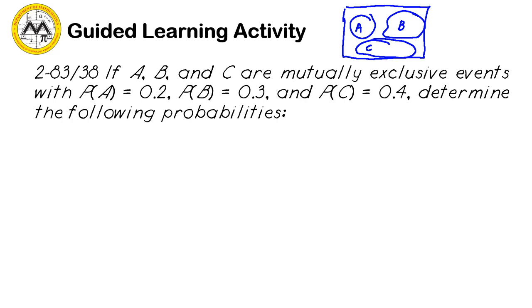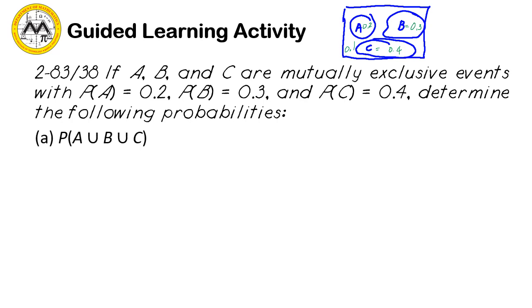It is 0.2. How about B? 0.3. While for C, 0.4. The total probability of the sample space should be 1. But if we add these, 0.2 plus 0.4 is 0.6, plus 0.3 is 0.9. So there is 0.1 missing so that we have a total of 1.